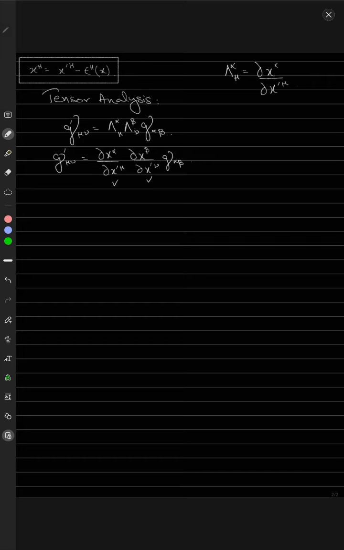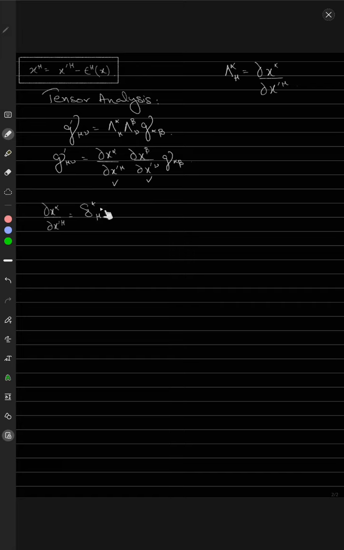So for the first one, partial x alpha over partial x prime mu, what would that be? Let's see from this. Partial x prime mu over partial x prime mu will just be a delta with alpha and mu.